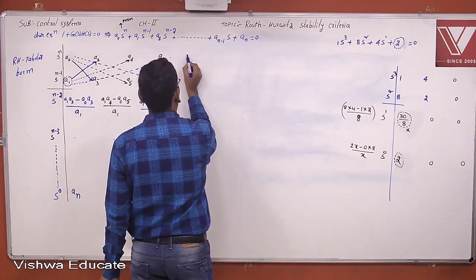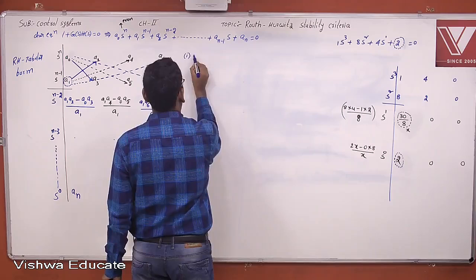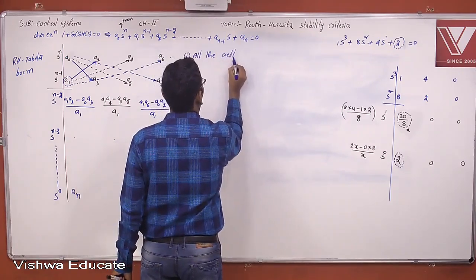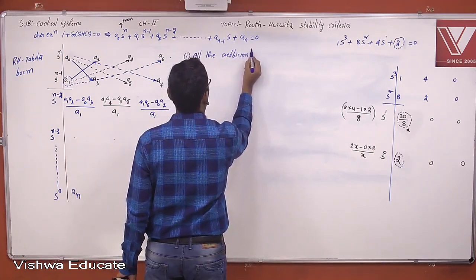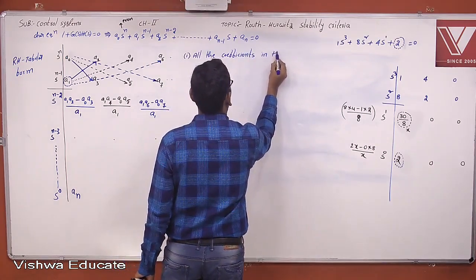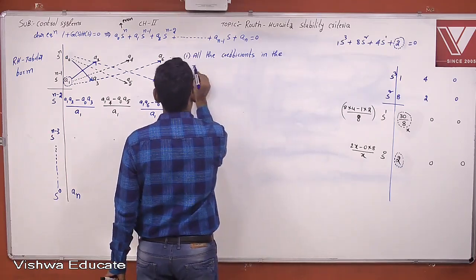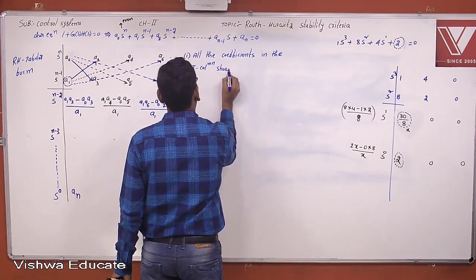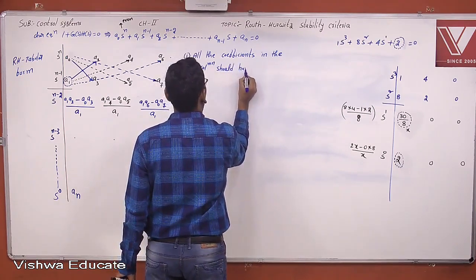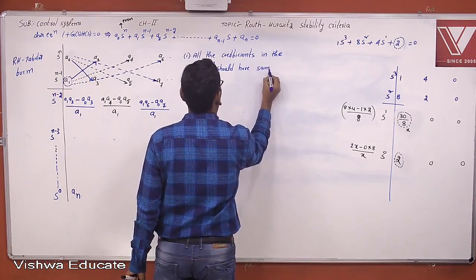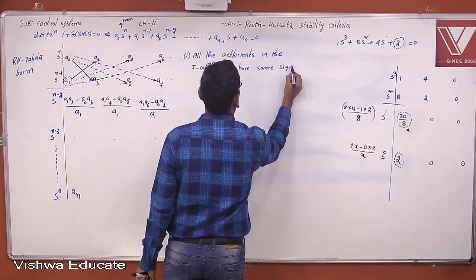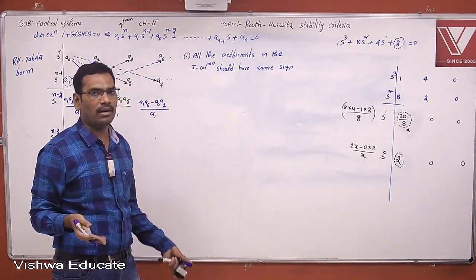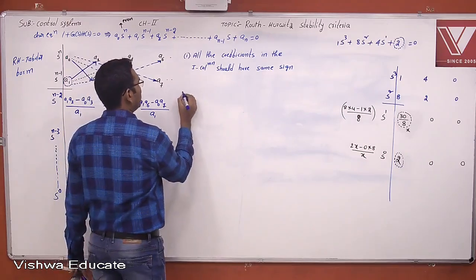First point, all the coefficients in the first column should have the same sign. Same sign means all are positive or all are negative. This is the first condition.